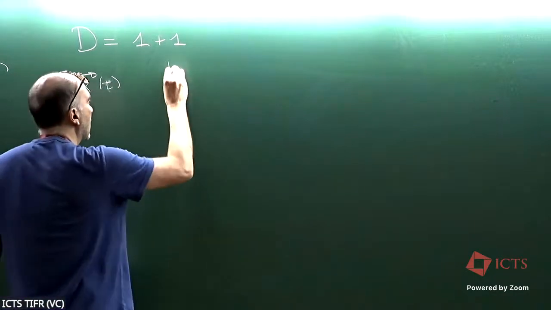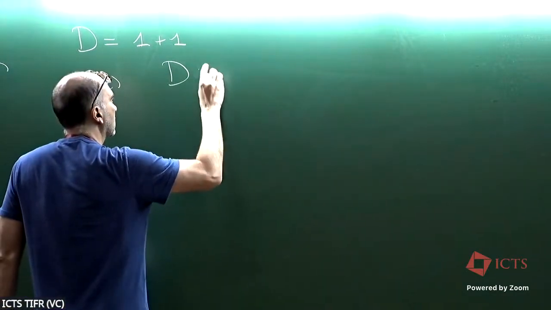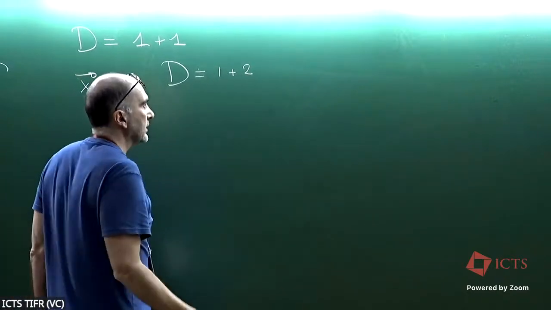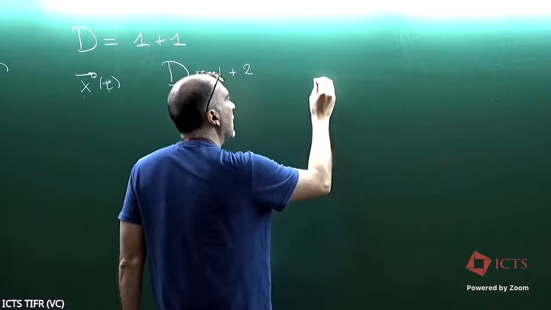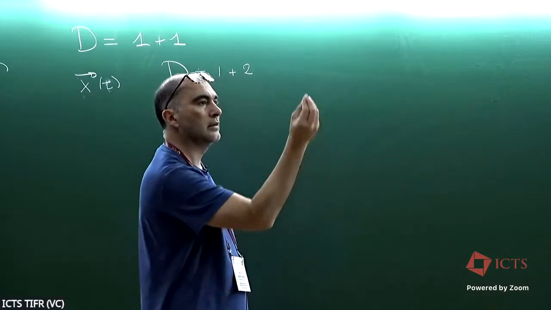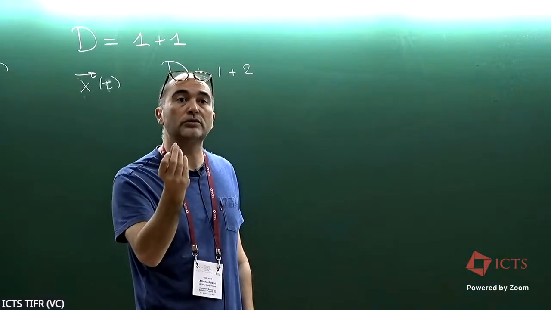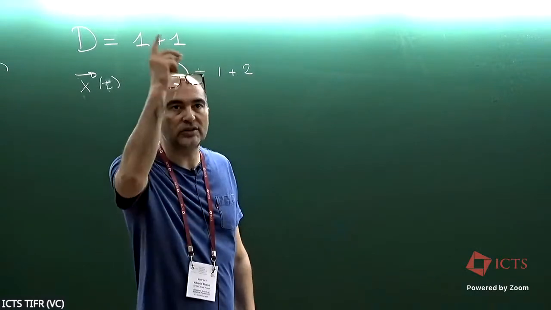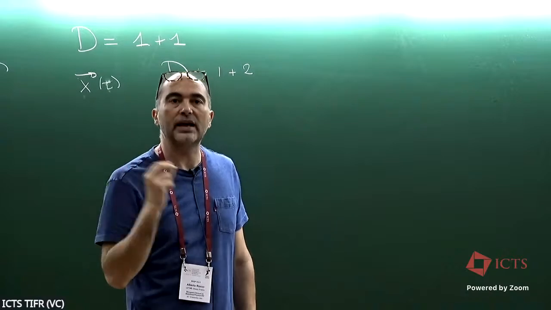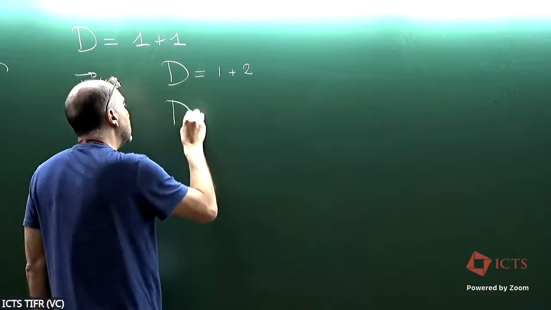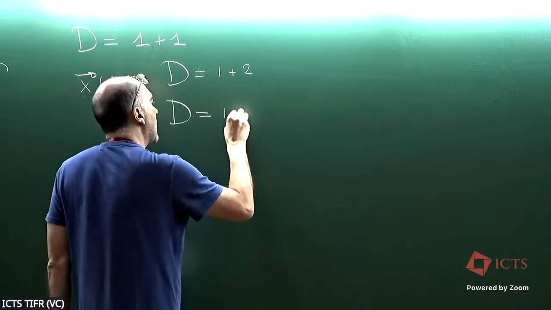So if you have D equal 1 plus 2, it means that you have a line that grows in 2 dimensions. For example, a vortex of a superconductor in 3 dimensions is a line with n equal to 2, okay? And in general, the model is D equal 1 plus n.